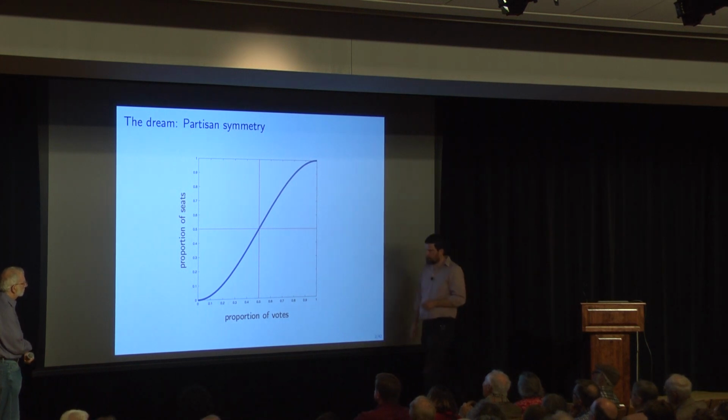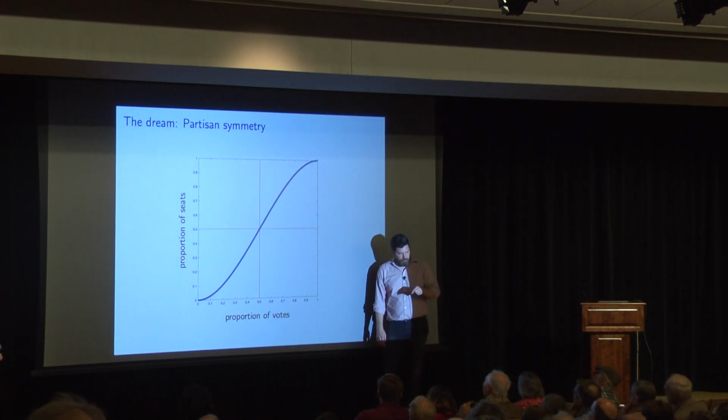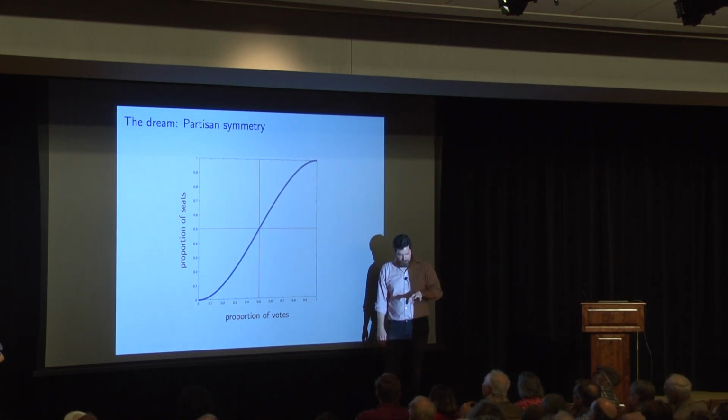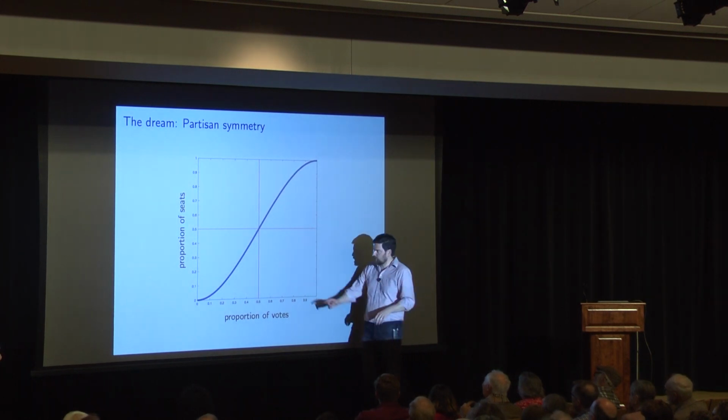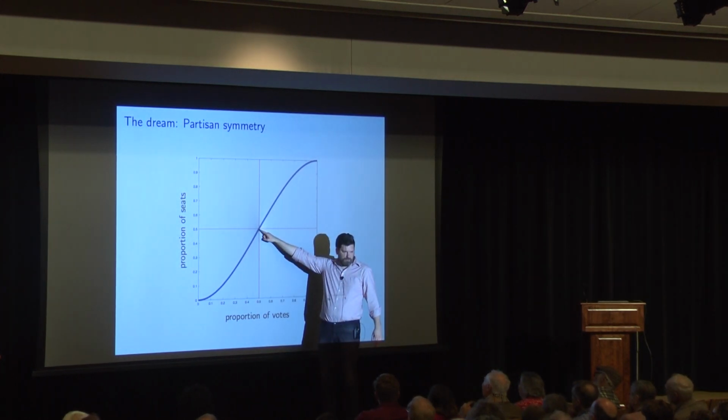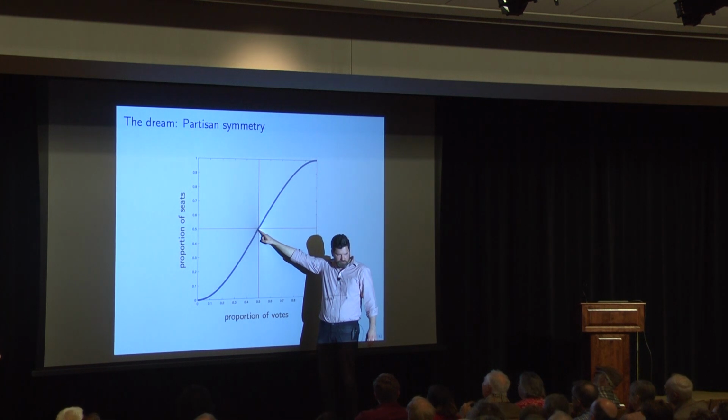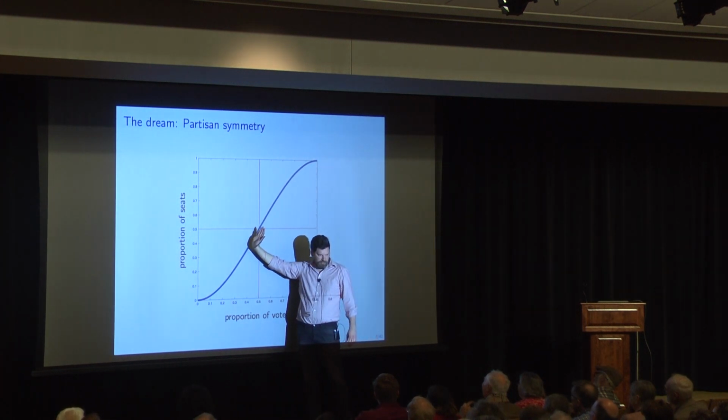If you look at actual votes in states that are not considered gerrymandered, you get 50 at 50, and if you look at the slope, for some reason the slope is like 2 instead of 1.